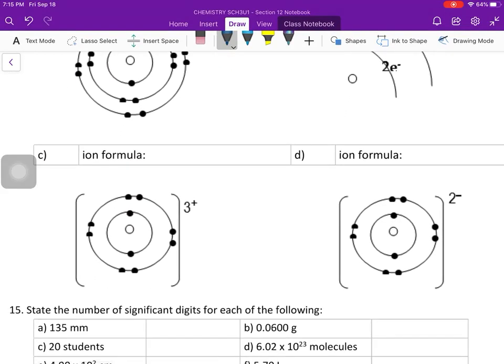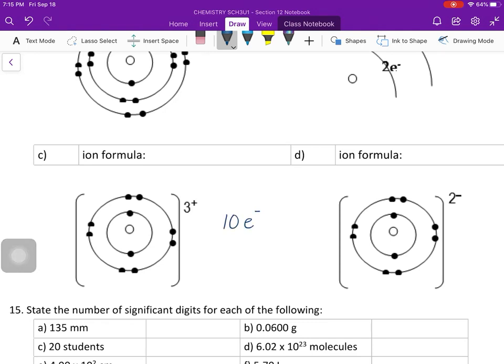So I'm going to figure out where I am based on the valence electrons here. And then from there, if something has a charge of 3+, it has more protons than electrons, which means electrons must have been lost. So right now there are 2, 4, 6, 8, 10 electrons.